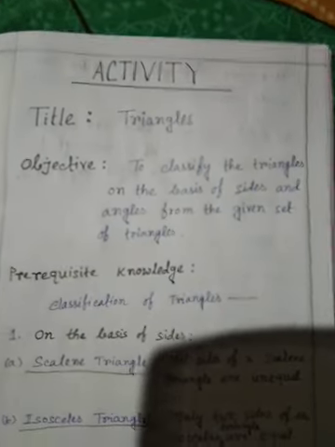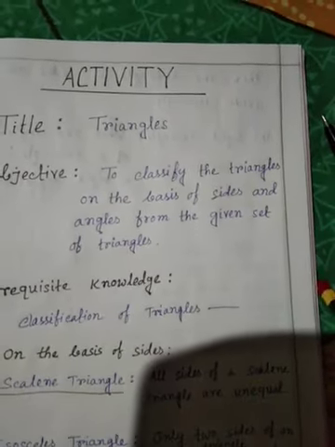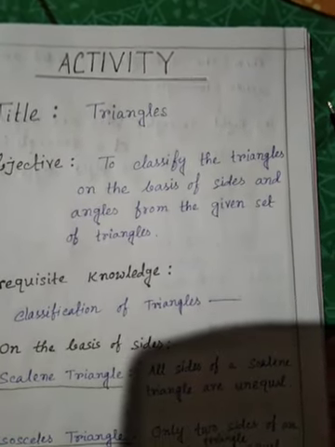Okay, so let's recapitulate what we have done till now once again. First part, you can see title, triangles I have written. Then objective, to classify the triangles on the basis of sides and angles from the given set of triangles.